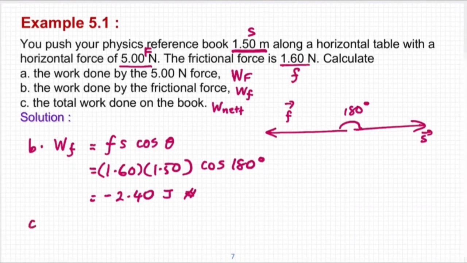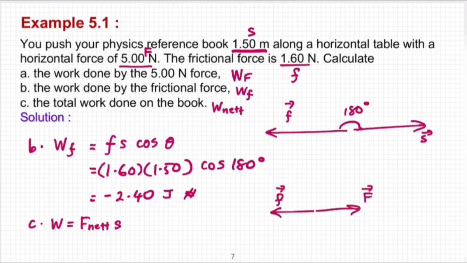For C, we want to find the total work done. So actually, you can just add the work done that you have calculated in A with B. But I will show you another method in which we will use W net is equal to F net S. So to use this, we have to find F net. So for F net, you have to look at the forces in the X component because the displacement is also in the X component.